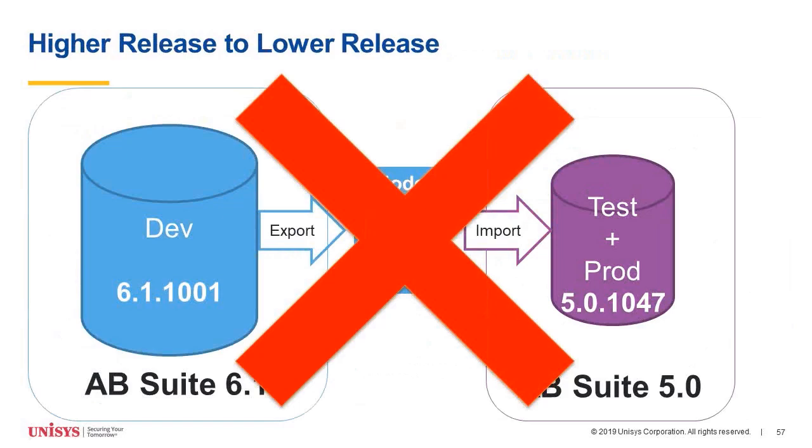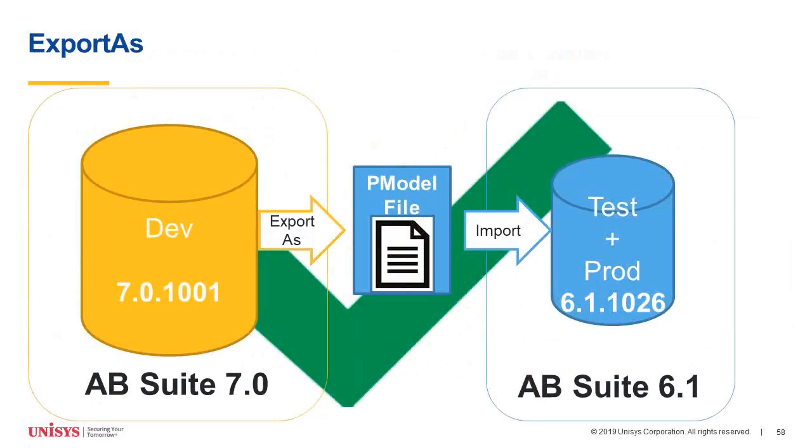That isn't allowed. But what you can now do is use the export as feature to take advantage of some of the core development features that we've added to help make model-driven development with AB Suite even easier, and export a model in a 6.1 format, and then export changes, bug fixes, critical patches, whatever you need into a 6.1 test or production environment without having to bring everything up to 7.0 in a flash update.